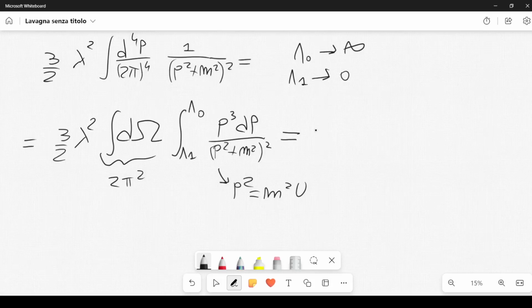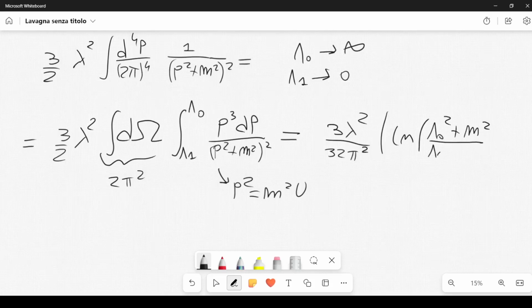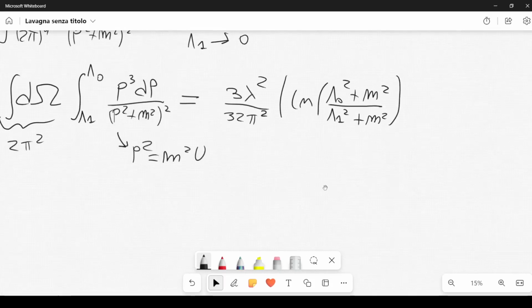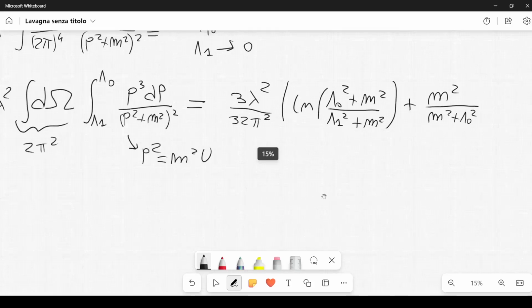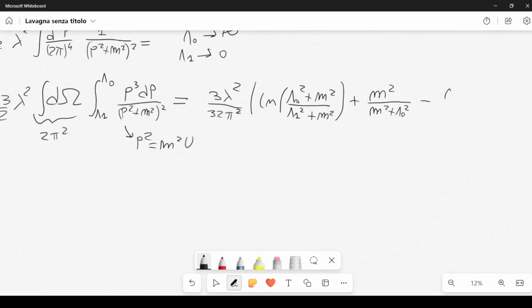And the result that you get is the following: 3λ² divided by 32π², and then you have the natural log of (Λ0² + m²) divided by (Λ1² + m²), and then you have plus m² divided by (m² + Λ0²) minus m² divided by (m² + Λ1²), like this.